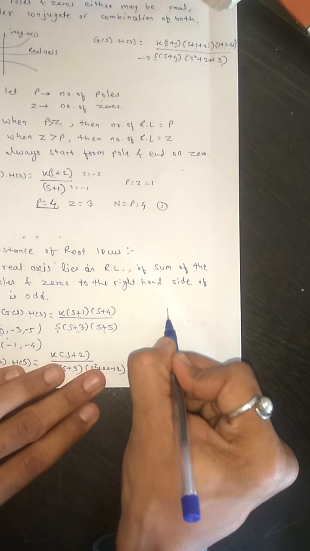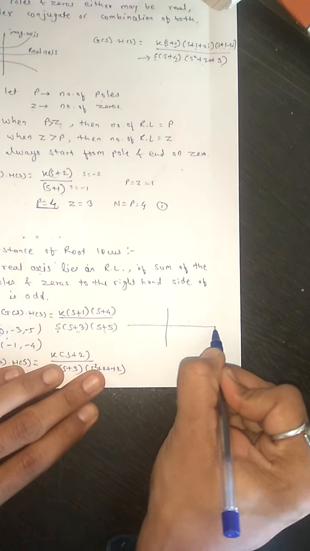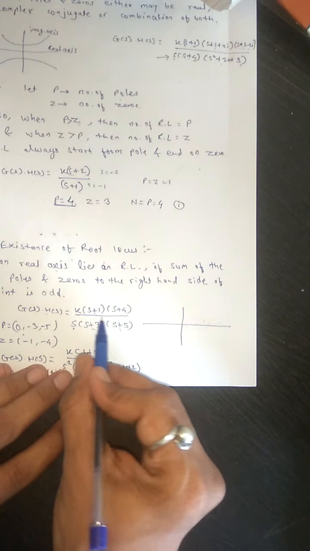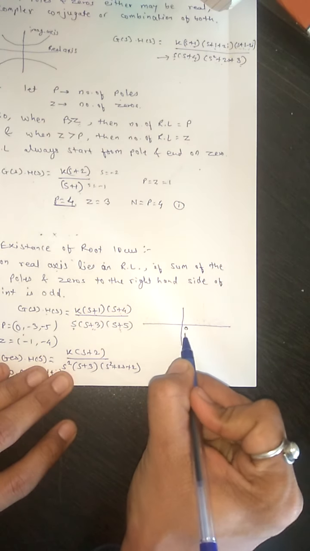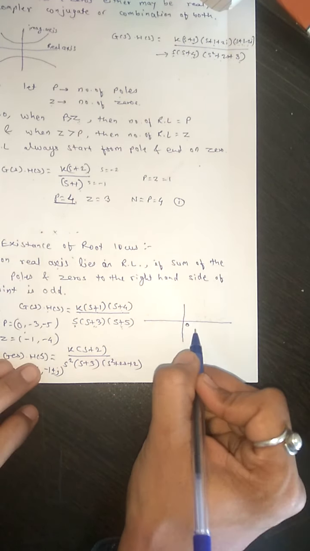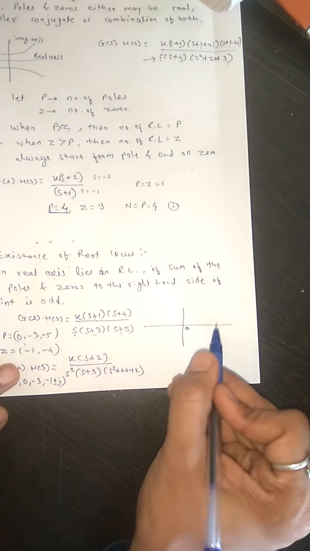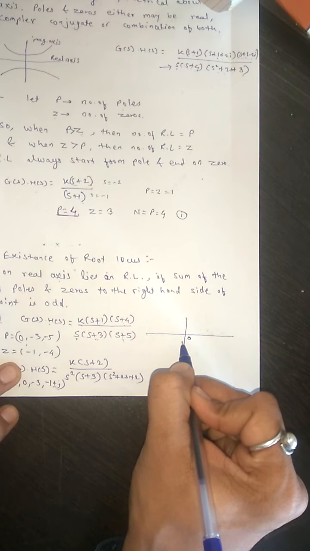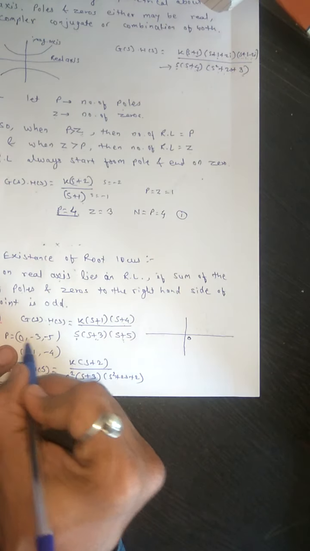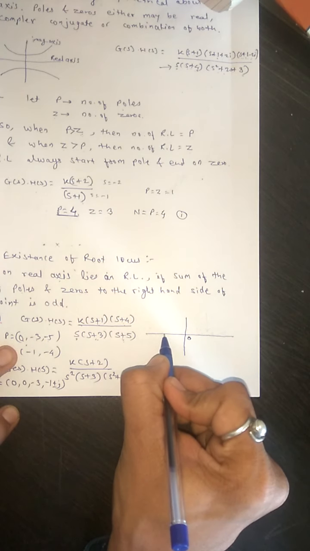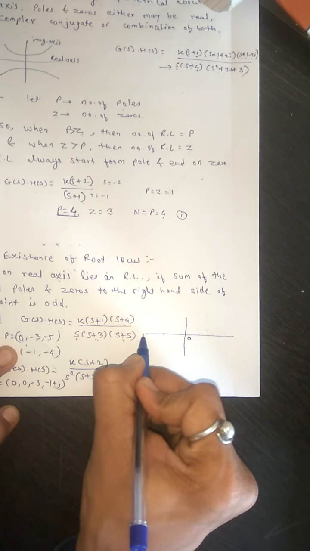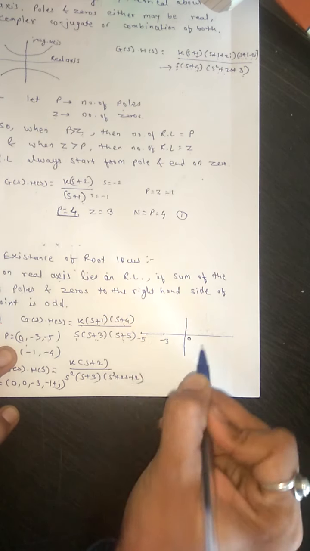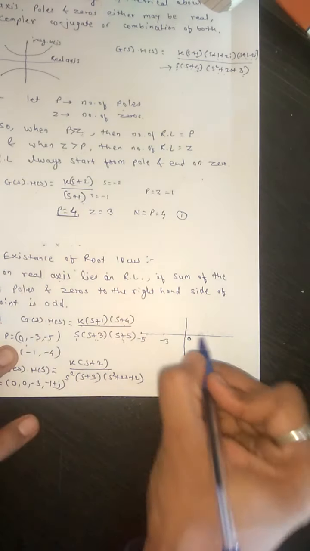Now on the graph we need to check where root locus will be present and where it can't be present. So I am plotting all the values, like 0. Keep one point in mind: we always mark a pole by a cross and a zero by a circle. So the poles are 0, minus 3, minus 5.